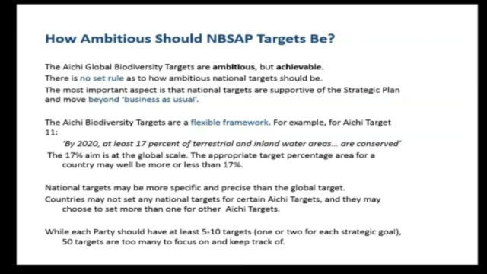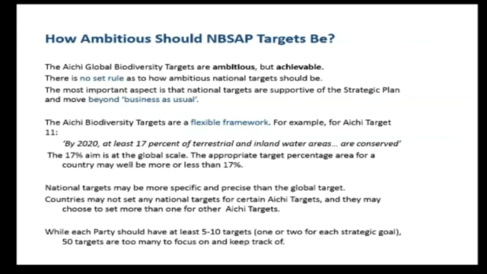Some countries may not set any national targets for certain Aichi targets, and they may choose to set more than one national target that contributes to a particular Aichi target. And it's suggested that whilst each party should have at least 5 to 10 targets, perhaps 1 or 2 for each of the strategic goals, 50 targets is too many to focus on and keep track of.